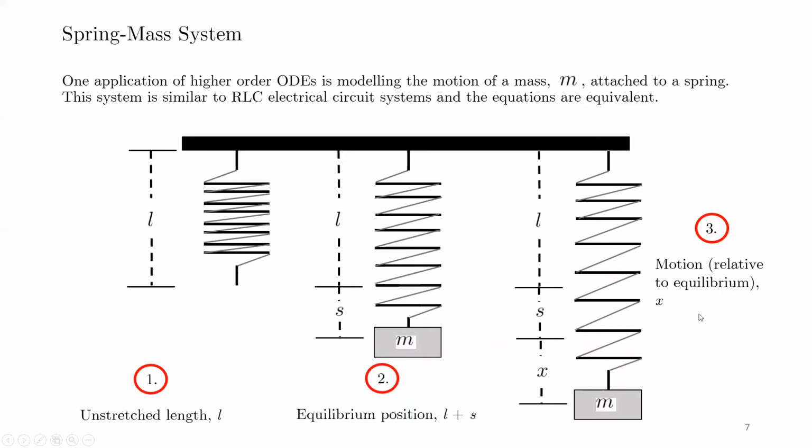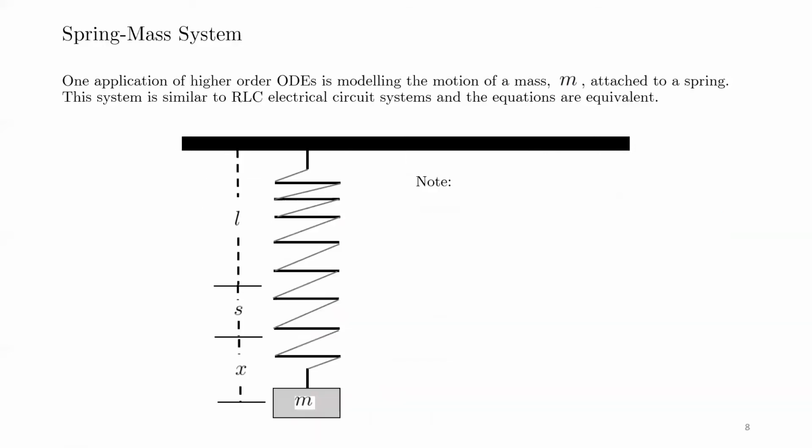And so the extension, I should say, relative to the equilibrium position, which was L plus S, is called X. So X can be equal to 0, of course, but it can also be positive or negative. And in fact, we're going to define X to be positive when the spring is extended.